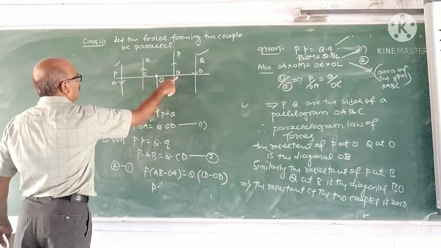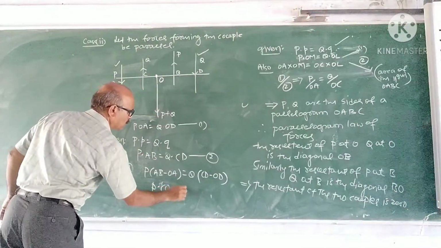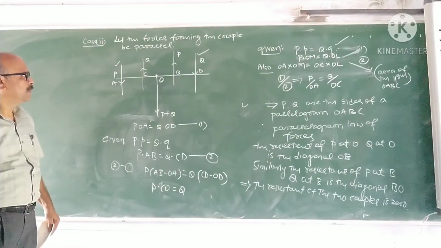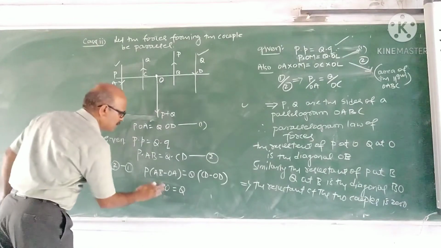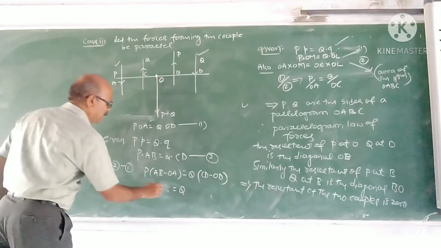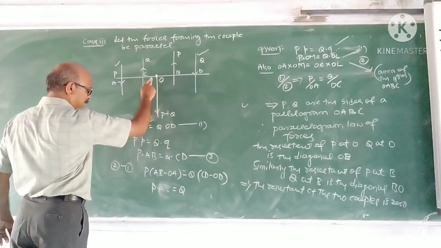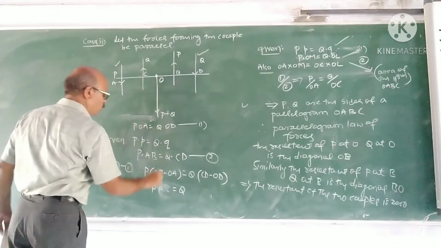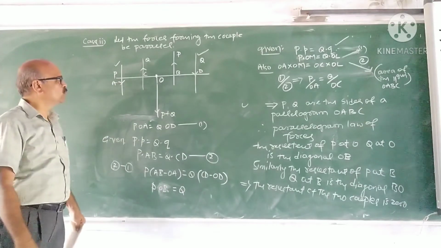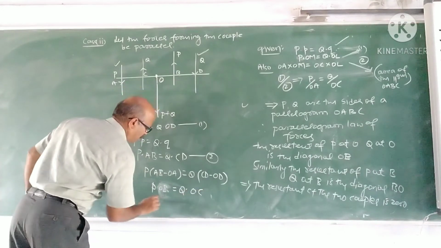AB minus OA is OB. P into OB is equal to Q into what is CD minus OD? OC.